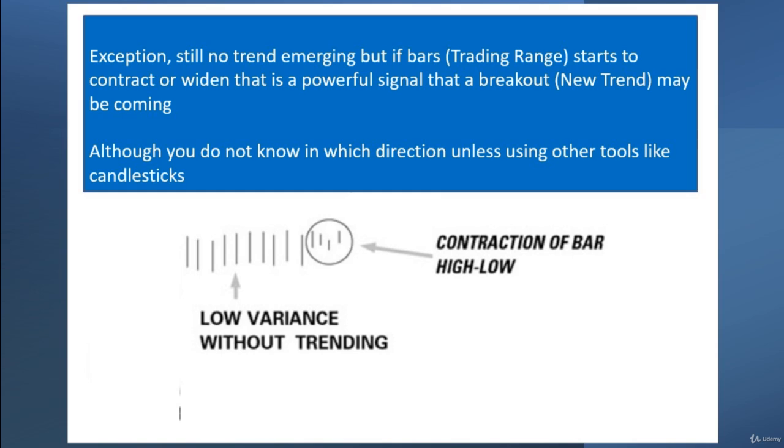But if you have that orderly low volatility, low variance without trending, and then all of a sudden you start to see the highs and lows start to contract, as you see in the example in the circle here, that means that something might be happening where now we're going to see a dramatic move in another direction, either up or down. So watch for that contracting, or it could be an expansion of the bars too. Either way, it's starting to get a little less orderly as far as the bar length.